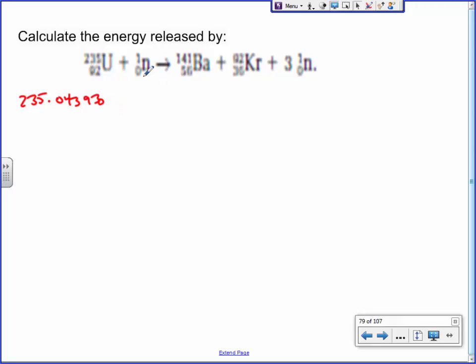Then a neutron is 1.67, but it's more than that. Actually, why don't I use its u version? It's 1.008665. And then while I'm doing that, I'll draw this one as 3 times 1.008665.